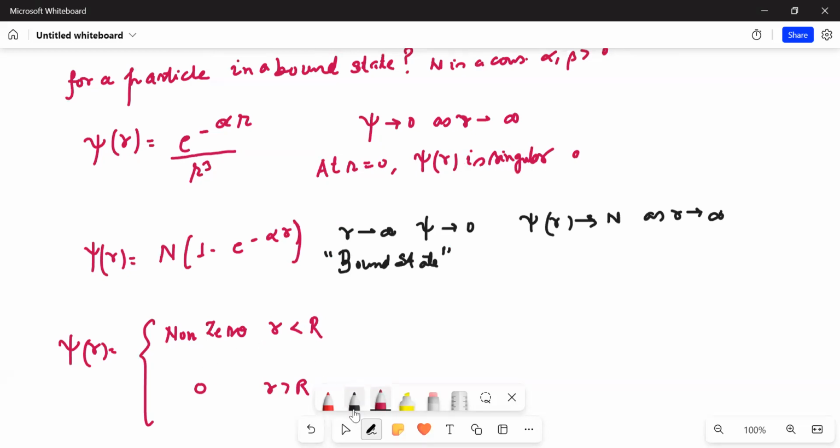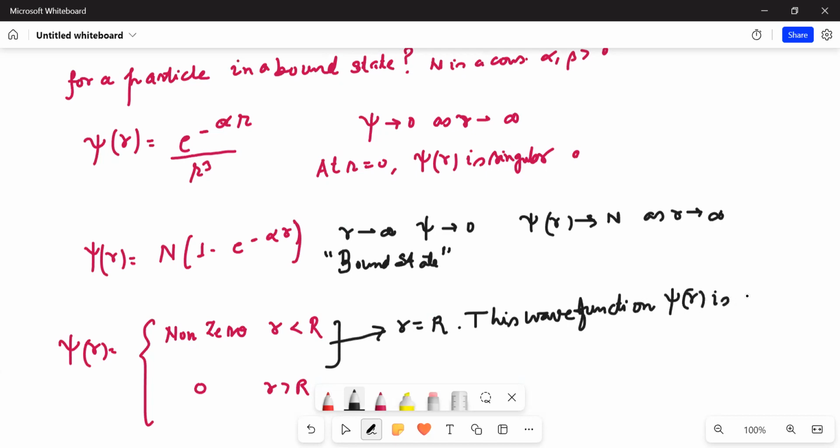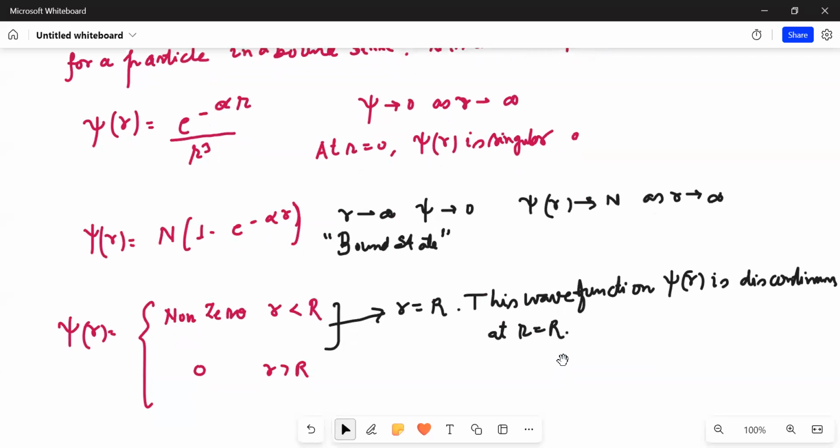Do you think this wave function is physically realizable for a bound state? The answer again is no, because clearly at r equal to capital R, this is discontinuous. So clearly this is also not physically realizable.